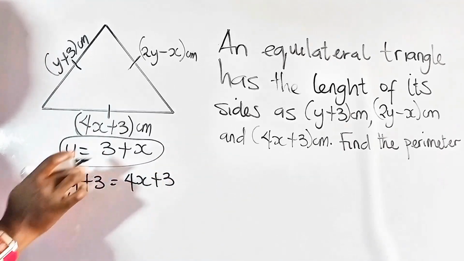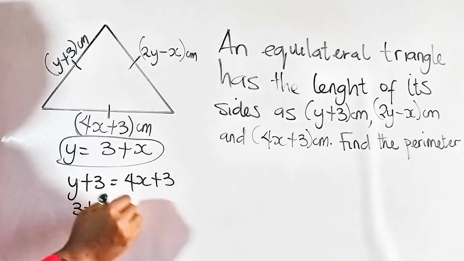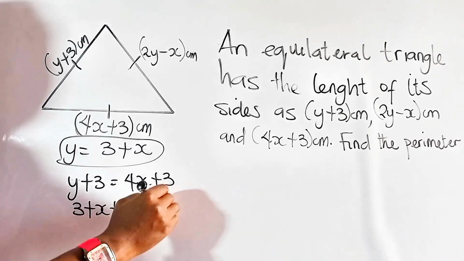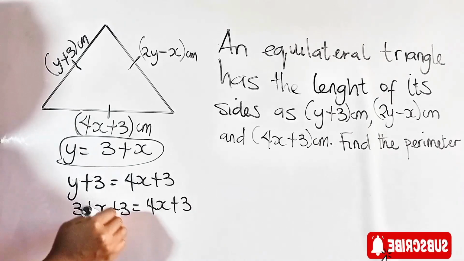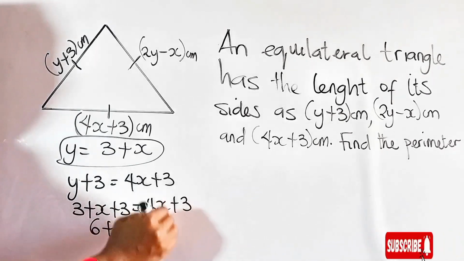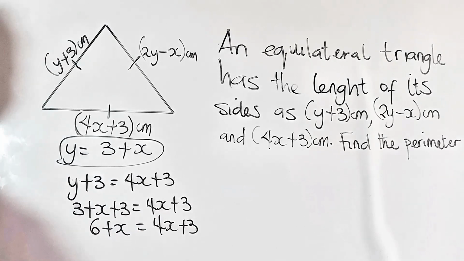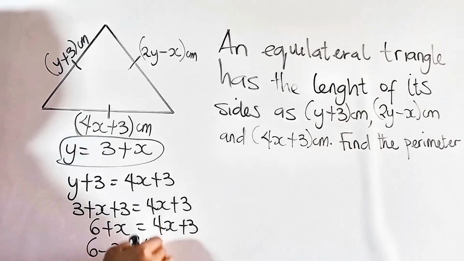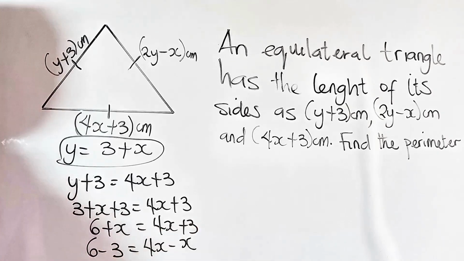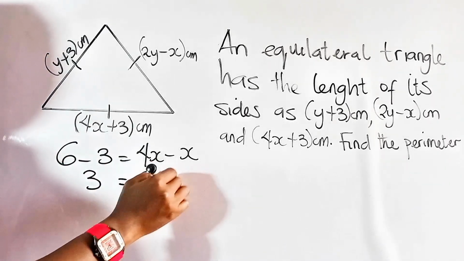So y is now 3 plus x, so we have 3 plus x plus 3 equals 4x plus 3. Okay, so this gives us 6 plus x equals 4x plus 3. If we group the like terms, we have 6 minus 3 equals 4x minus x. This then gives us 3 equals 3x.